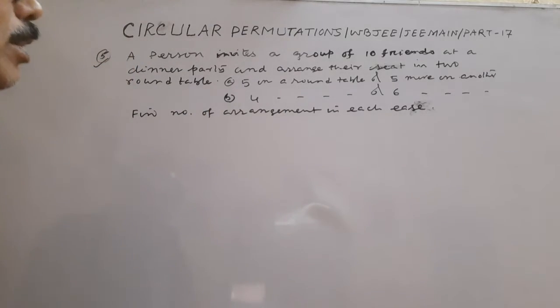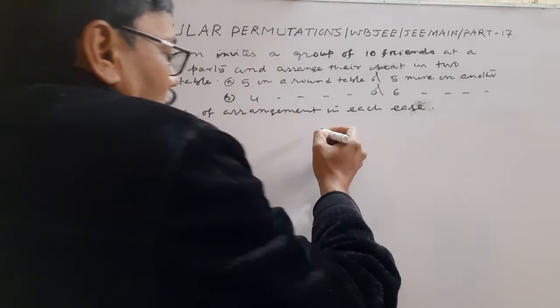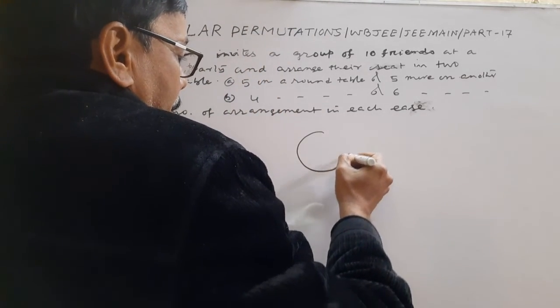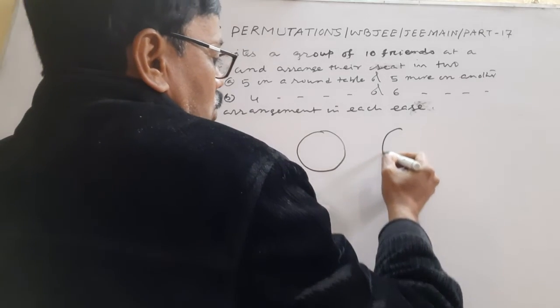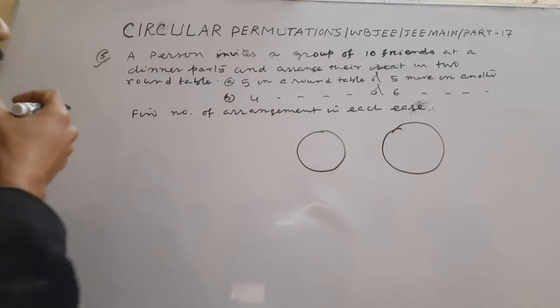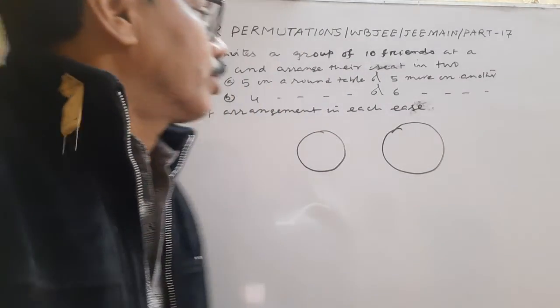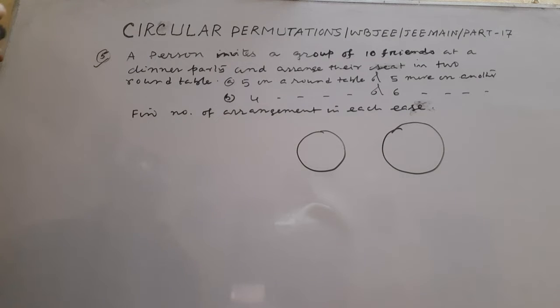Find the number of arrangements in each case. So 2 round tables.